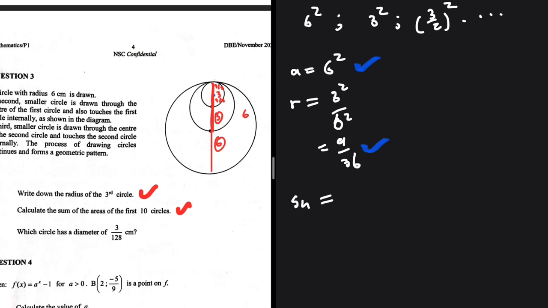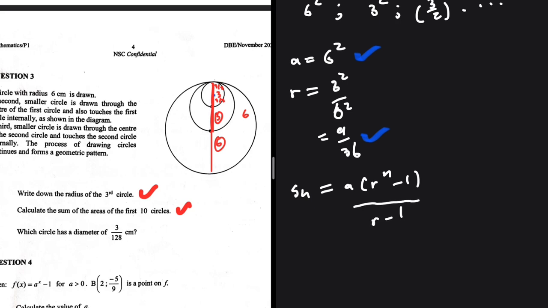Don't want to make any mistakes here. So the sum of n terms in our formula sheet is given as a(r to the n minus 1), everything divided by r minus 1. That's what we're given.